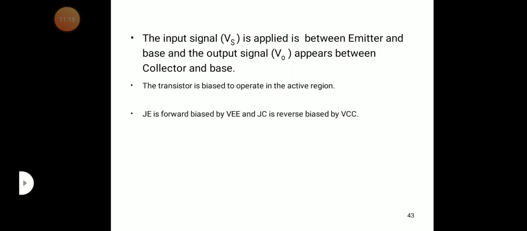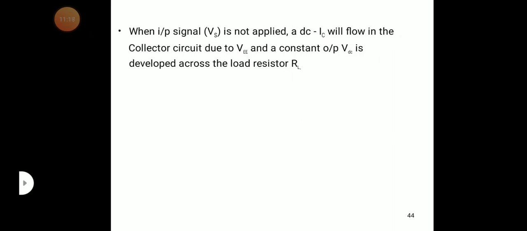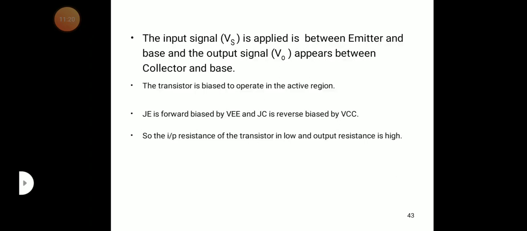What happens is the input signal Vs is applied between emitter and base, that is the emitter junction, and the output signal appears between collector and base, that is across the collector junction. The transistor is biased to operate in the active region.